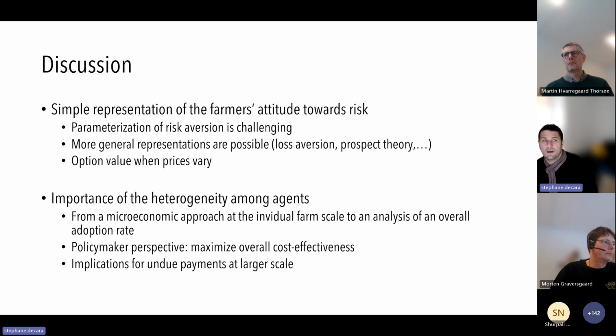But of course, the more flexibility you leave, the more possible undue payments you allow at a larger scale. So here again, you have a trade-off from the policymaker's perspective.